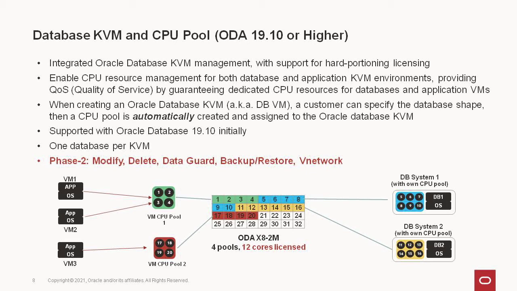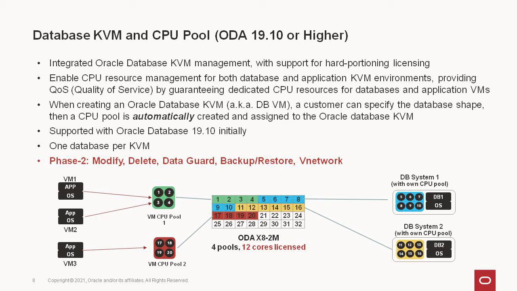As you'll see in the demo and the other slides, it's very easy to create database KVMs now, because we automatically assign a CPU pool for that database. Again, you only have to license the cores used by the database KVMs, so you can have all the other cores available to you for applications. That's the benefit of putting Oracle Database in KVM, or creating DB systems.